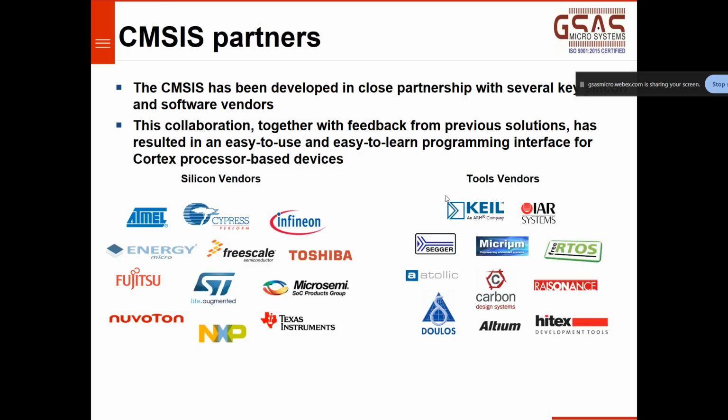These are some of the CMSIS partners, some of the silicon vendors. Silicon vendors who manufacture and develop their microcontroller devices are part of CMSIS. Once they are part of CMSIS, they have to give the supporting files for the devices they are developing and bringing to market, so that any user who selects that particular device and develops the software will benefit.